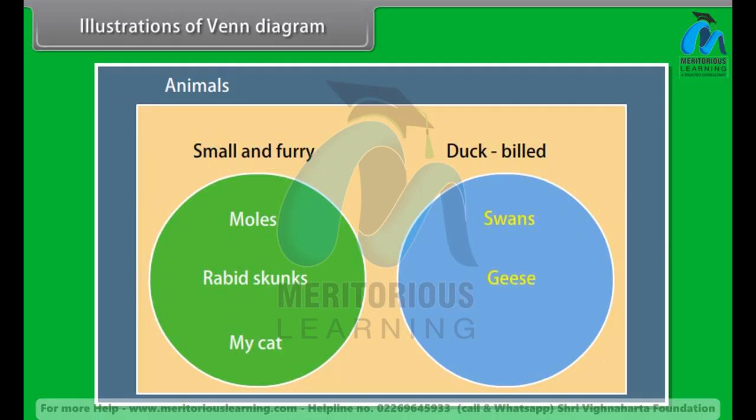Swans, geese, and Edmontosaurus are all duck-bills. Worms are small but not furry, and horses are furry but not small, and neither is a duck-bill. However, they are animals. They fit inside our universe, but outside the circles.